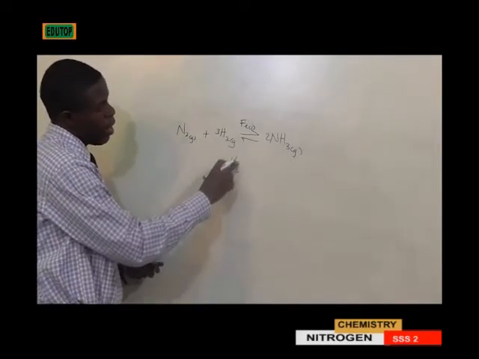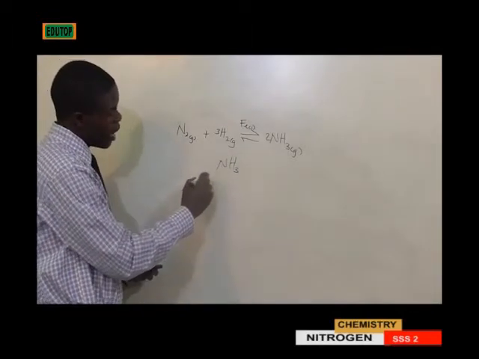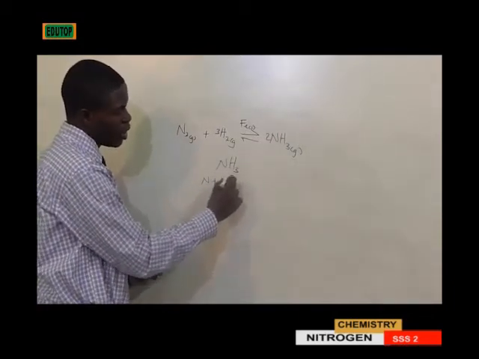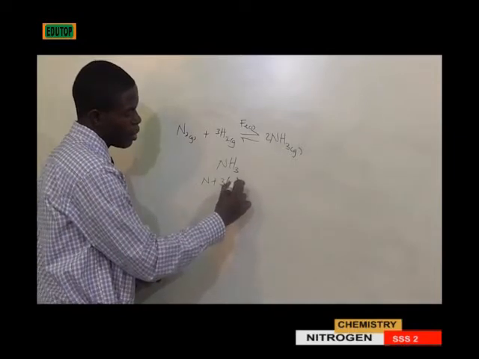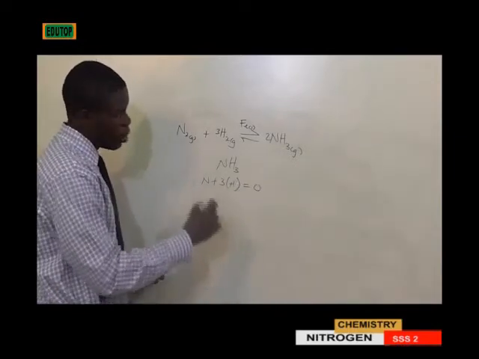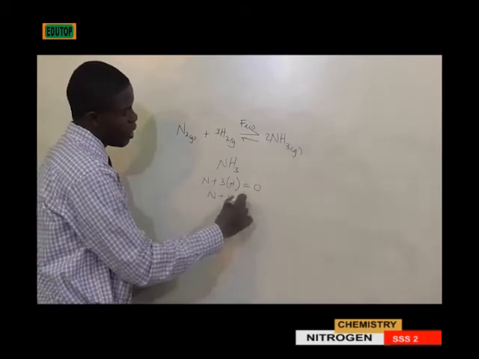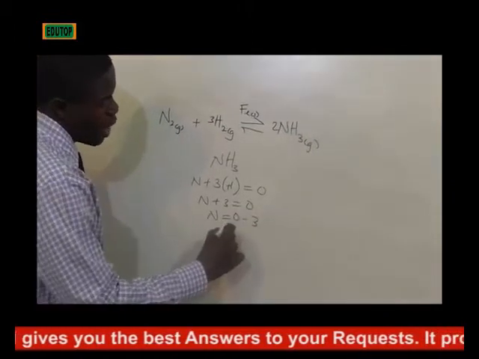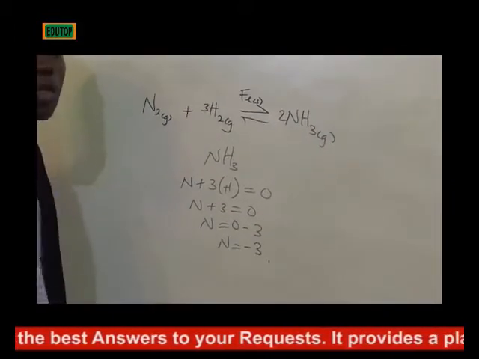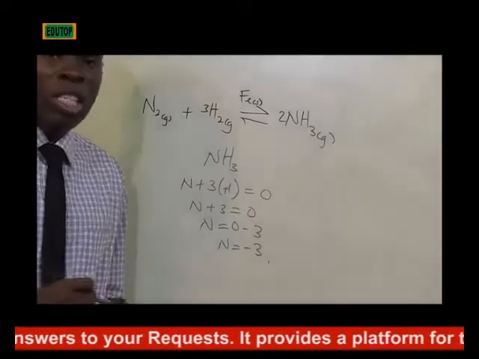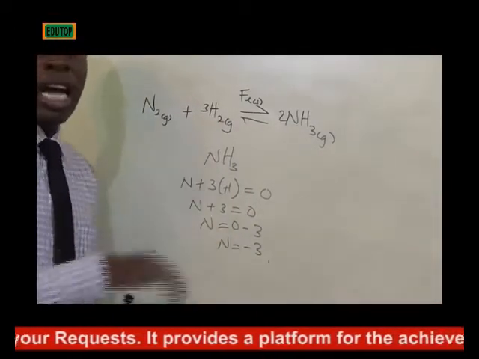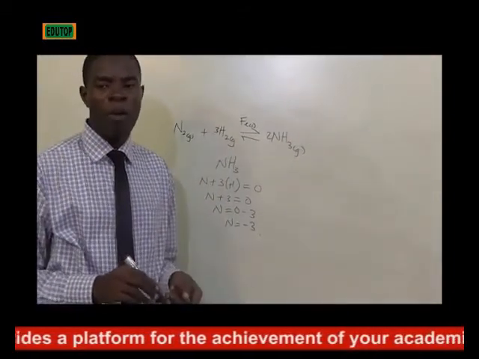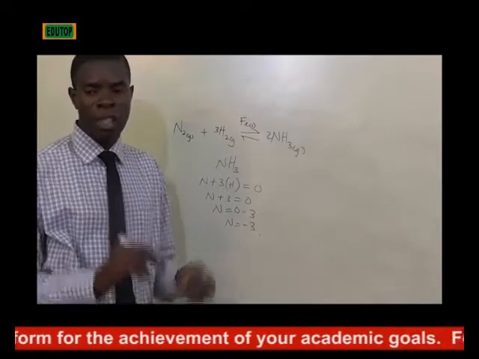Here, hydrogen has plus 1, N plus 3 atoms of hydrogen in the plus 1 state is equal to 0. So N plus 3 equals 0. Collecting like terms, N equals minus 3. So the oxidation number of nitrogen in the hydride, which is ammonia, is minus 3. Therefore, the answer to question number 4 is D, minus 3.